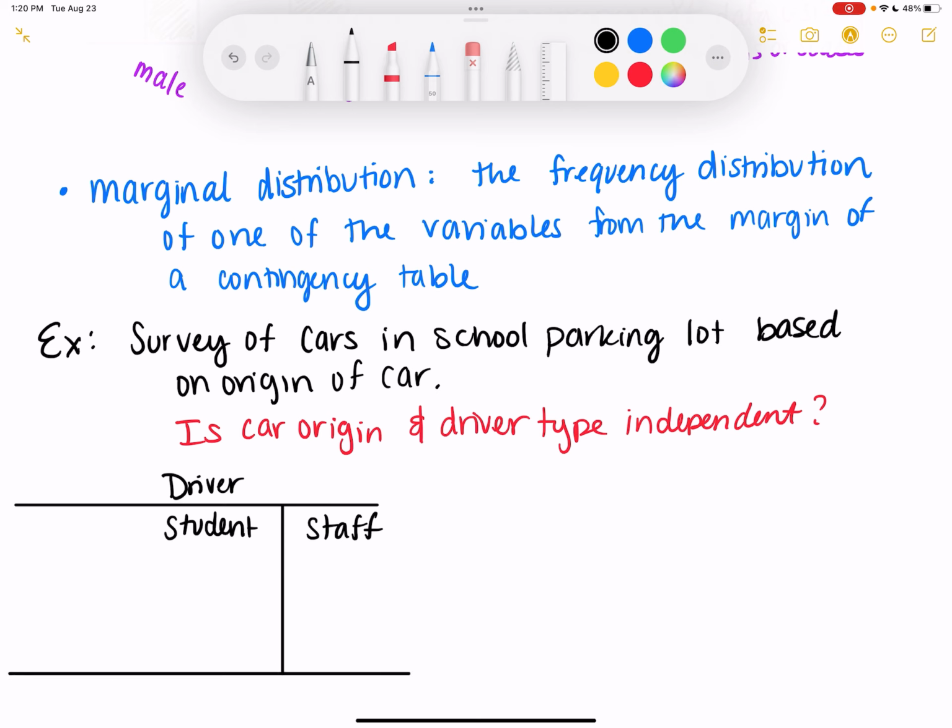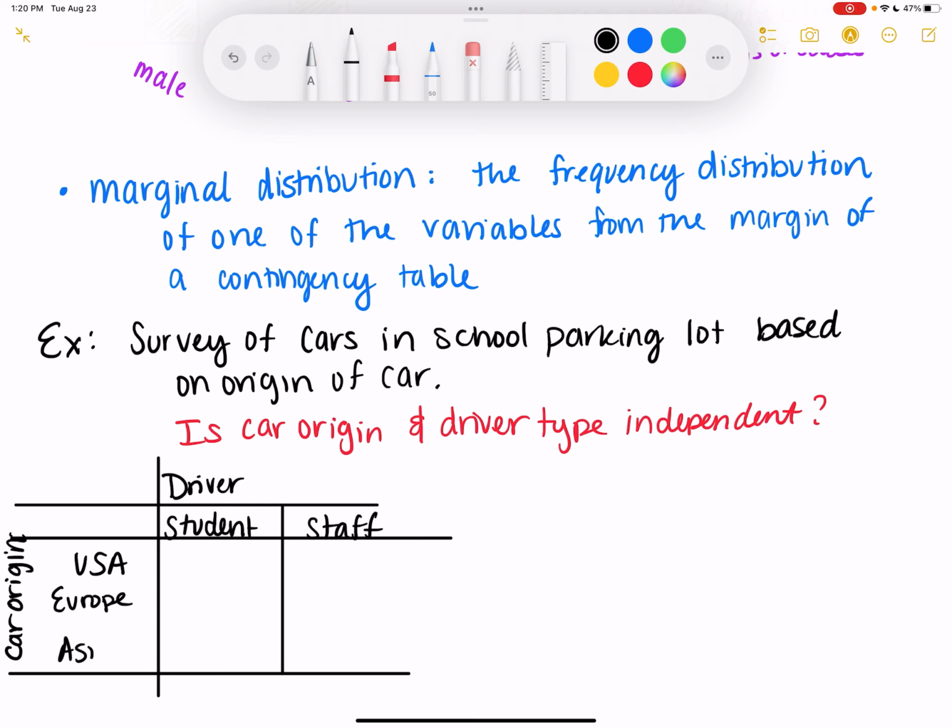And then on the side we're going to have car origin, and so that's going to be USA, Europe, or Asia.